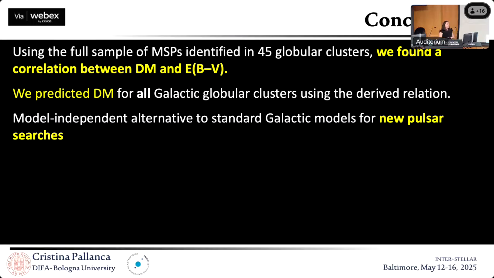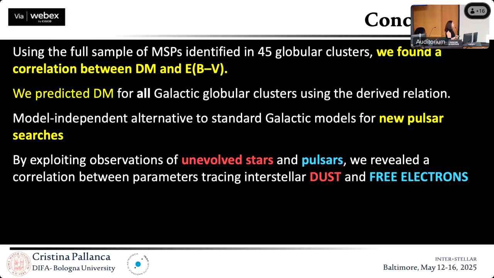And our method is independent from the galactic models. And probably the conclusion that best fits the conference here is that we found a correlation between two components of the interstellar medium that have been derived just by using properties of stars, exploiting data acquired at different wavelengths. Thank you for your attention.